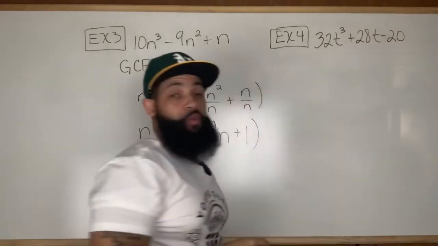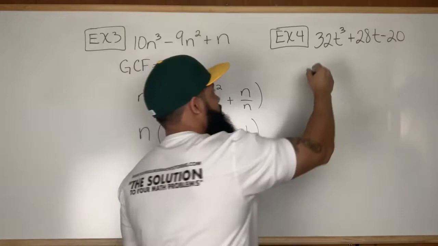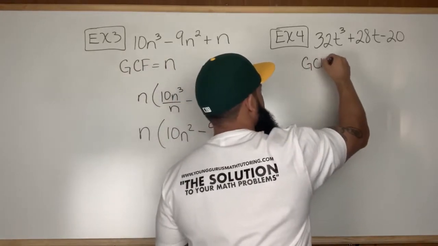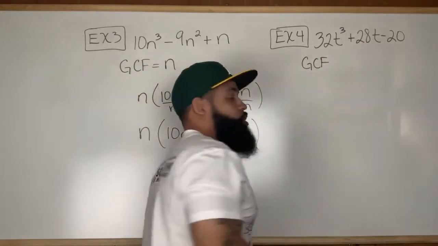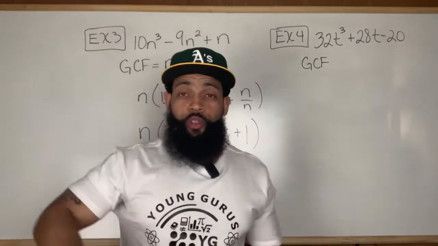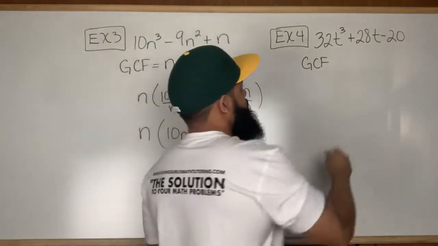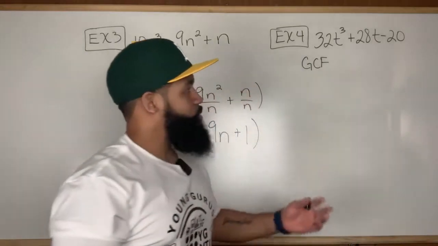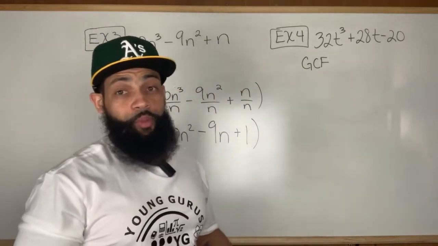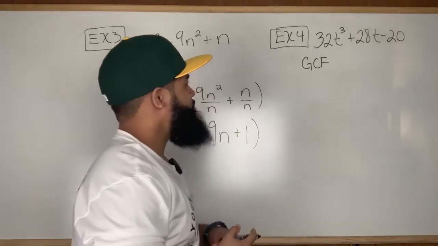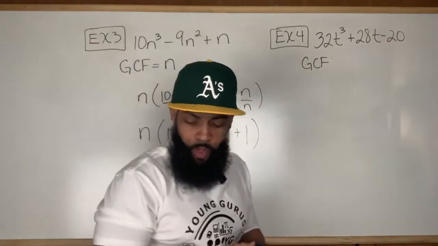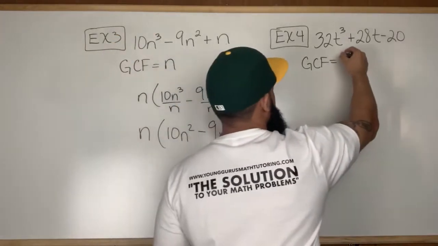Okay, notice we find the GCF first, and in this case, all 3 terms don't have a variable. So that means that there's not going to be a variable as part of the GCF. But let's figure out what is the largest number that 32, 28, and 20 are divisible by. And in this case, I believe it is 4. It is 4. So the GCF in this case is 4.